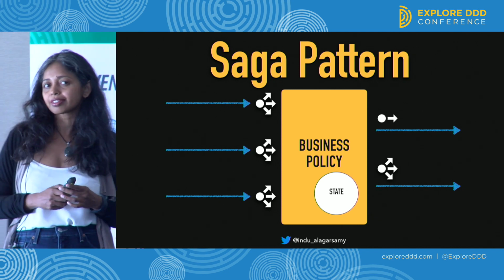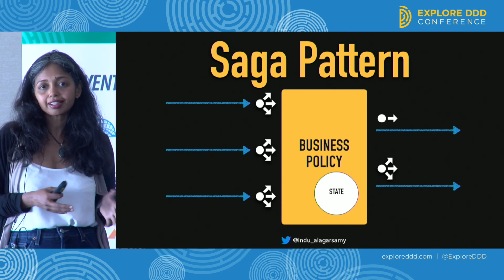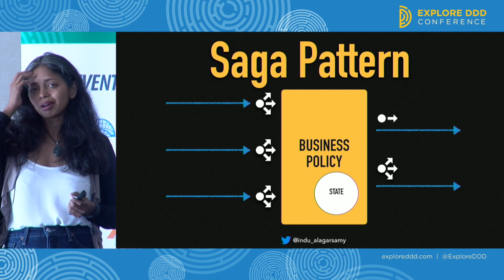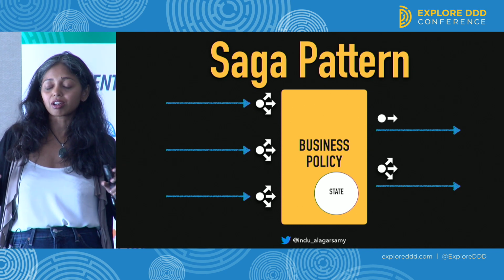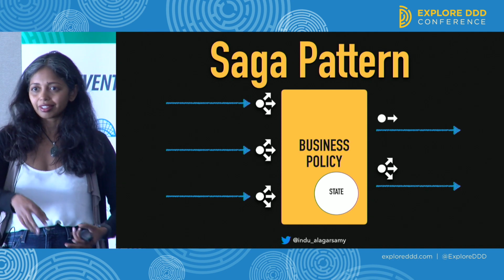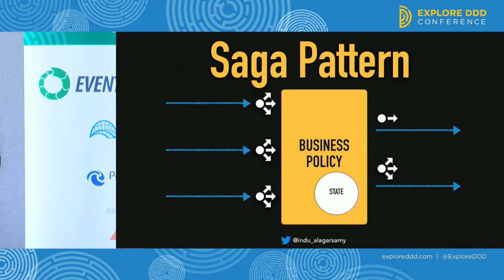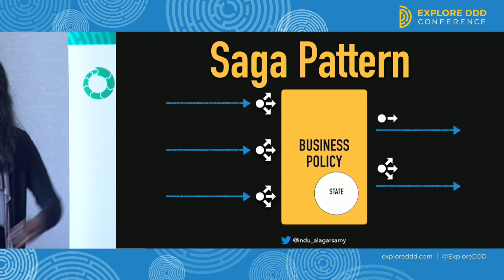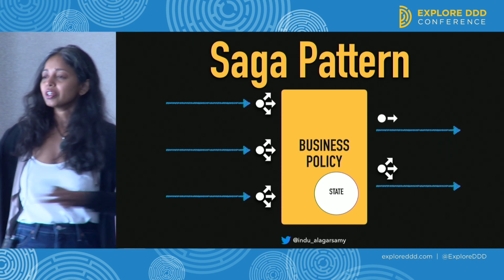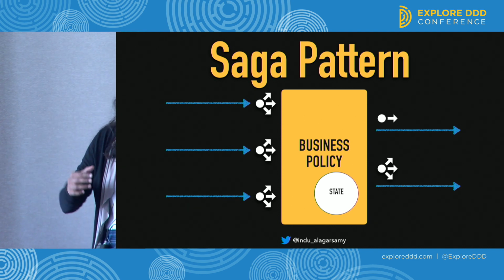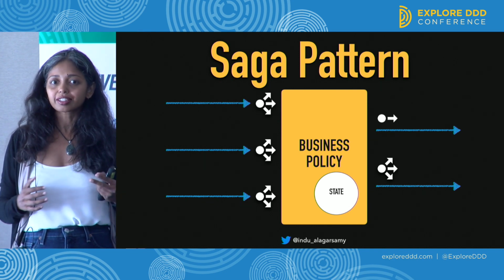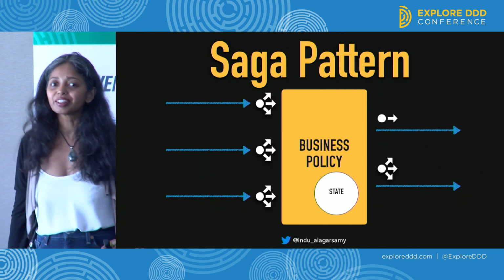As with patterns, there are always cases where you don't use them. If you're modeling a flow like McDonald's, where there's a specific action that happens, like fixing up the lettuce, and after that you go to the next process where the meat is being added, so you're going from step A to step B and then step C, you don't need the Saga pattern, because Saga is like an orchestrator. You don't want to add a lot of extra contention, saying, oh, step 1's done, I'm going to tell the Saga.